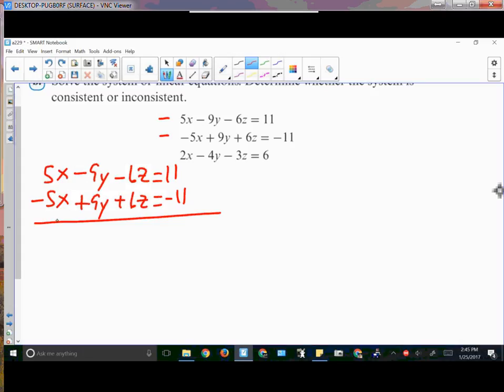Well, that disappears, that disappears, that disappears, so I get 0 is equal to 0. Well, that was pretty quick and easy, wasn't it? So, which one will this be? Consistent or inconsistent?